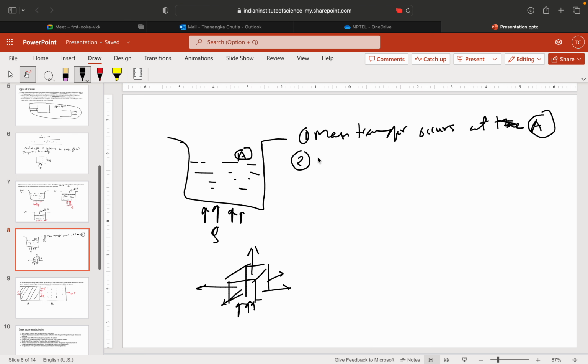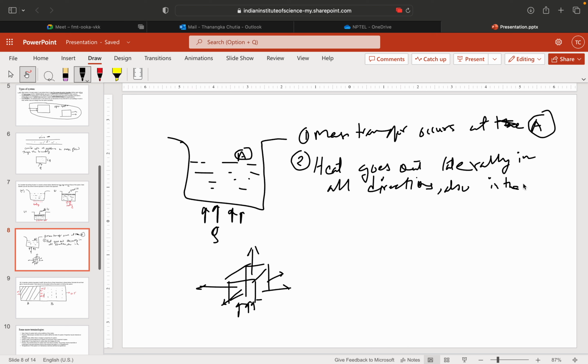So heat goes out laterally in all directions, also at the top, and heat comes inside the system from the bottom.